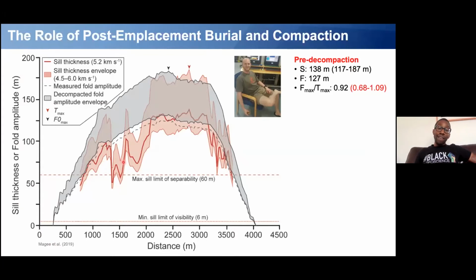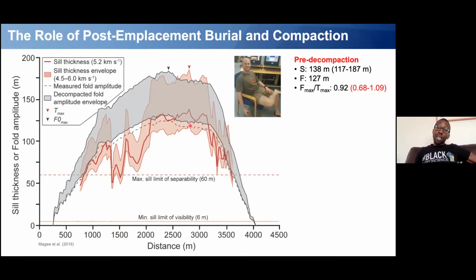Pre-decompaction, when you look at the seismic data, this is what you see. The red solid line here is the sill thickness. We had a maximum sill thickness of around 138 meters, with a range between 117 and 187. That's because of our understanding of what the sill velocity is. So we're calculating that based on seismically mapped sills and our knowledge of the velocity.